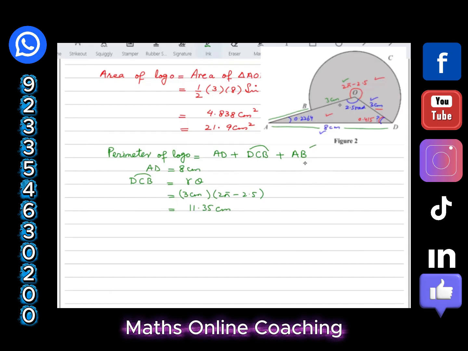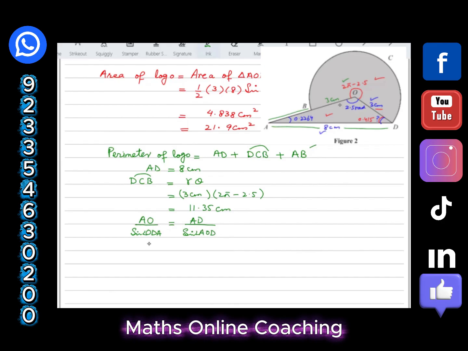Next is AB. To calculate AB, first we have to find OA. By using rule of sines in the triangle, we have AO, the side, and sine of the opposite angle ODA is equal to the side AD by sine of the opposite angle AOD.